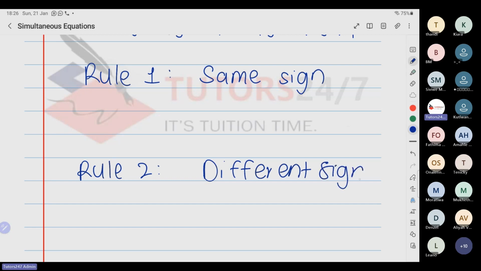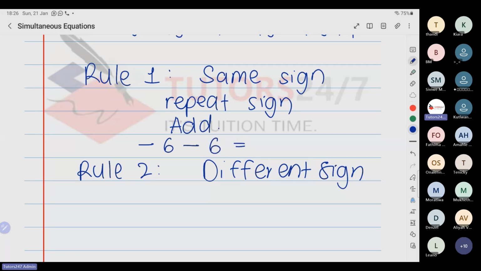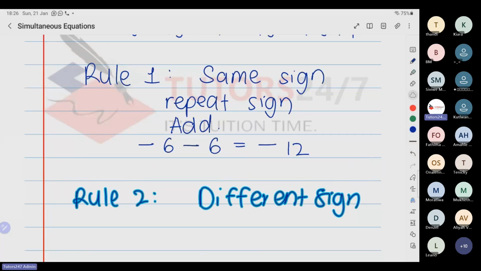So if it has the same sign, the rule is to repeat the sign and then add the numbers. An example of this is -6 and -6. It has the same sign, right? So you repeat the sign and then you add 6 plus 6, that gives you 12. Another example of this, let's say both are positive.